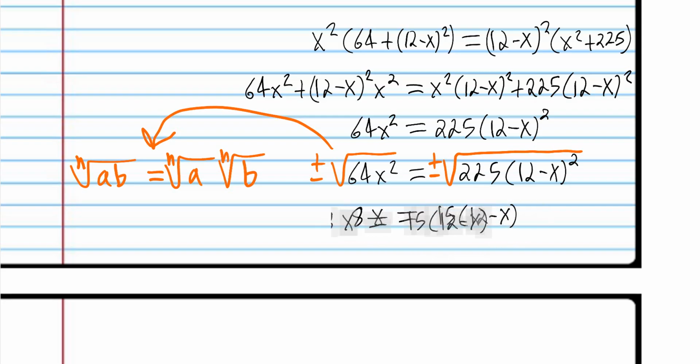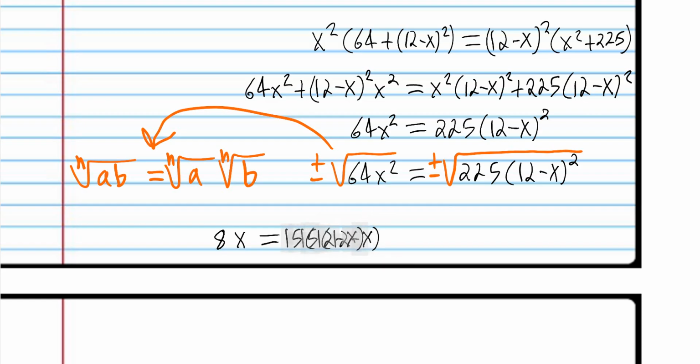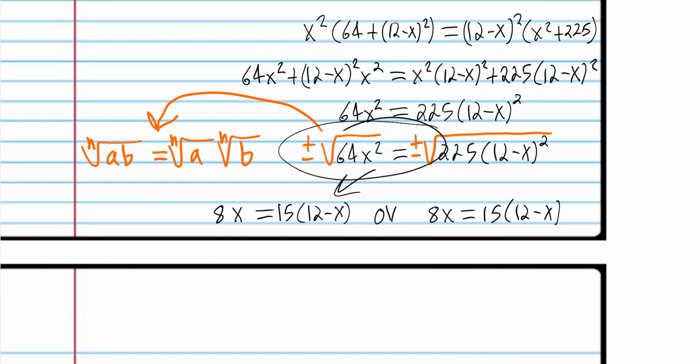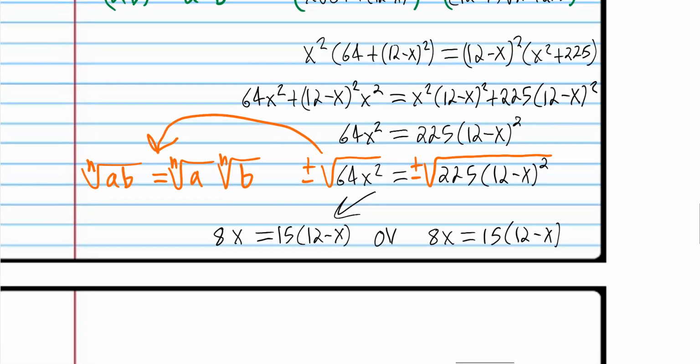But we have a plus or minus, so there's actually two equations. Okay, now if both of these are positive, because what we're doing is we're taking a number here and a number here and we're squaring them, and then we're getting these numbers.